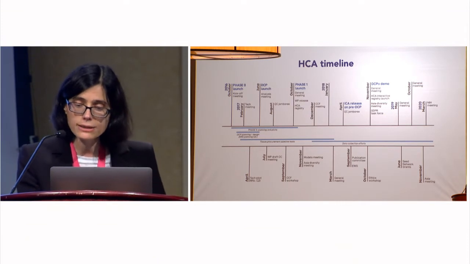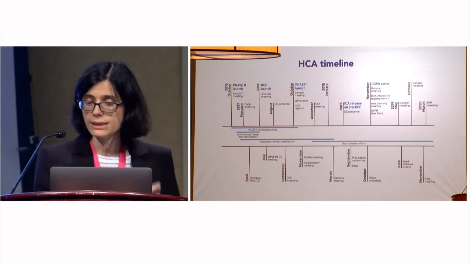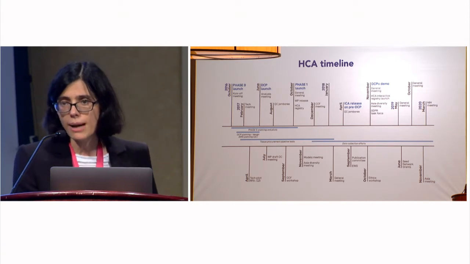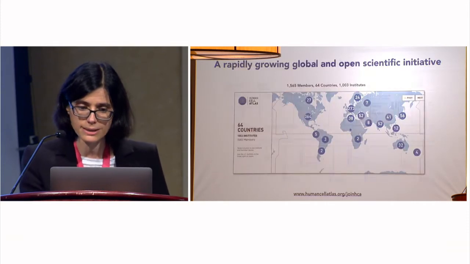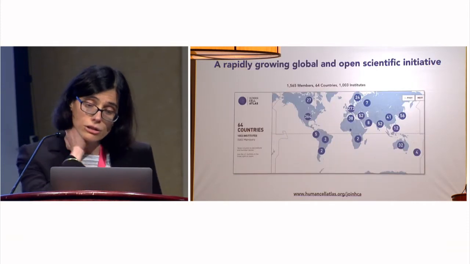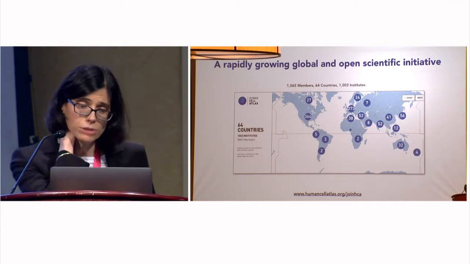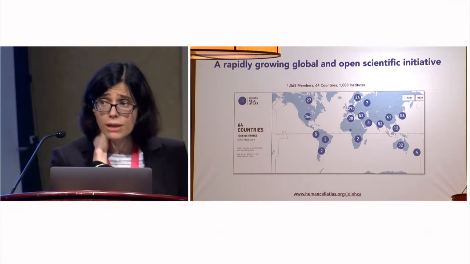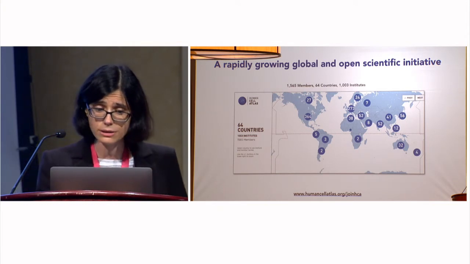And it's since progressed to an atlas building endeavor that has biological networks that collect and analyze data and has a very elaborate data coordination platform for housing the data of the atlas. It's a rapidly growing international community. It's open to all that are willing to adhere to its mission and values. And we take enormous pride in the fact that we have 1,500 members in HCA from 64 countries and over 1,000 institutions.